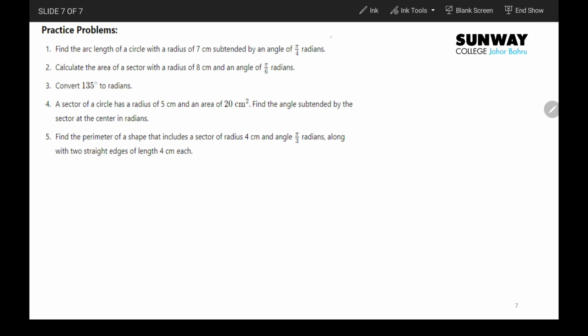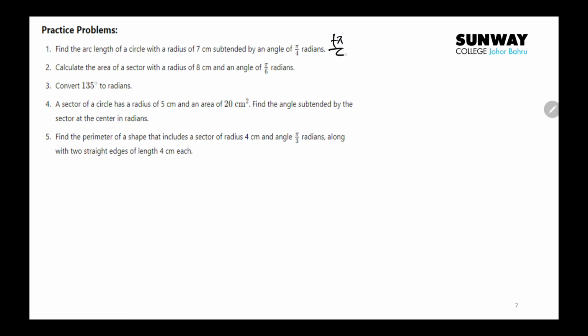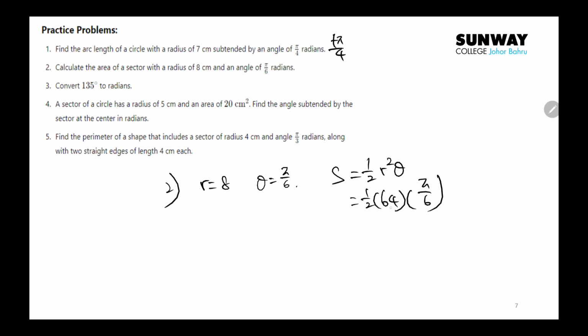On the other hand, calculate the area of a sector with radius 8 cm for the second question, and angle is pi/6. The formula is 1/2 r squared theta, so it's 1/2 times 64 times pi/6. So 64 divided by 12 pi, 32 over 6, 16 over 3. So it's 16 pi/3.